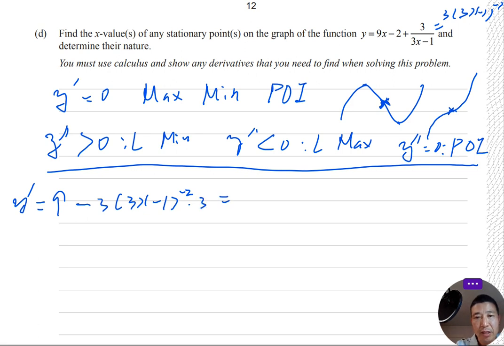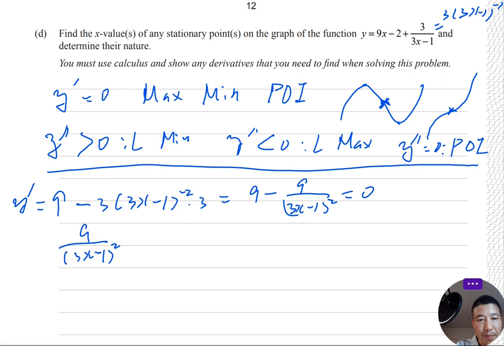So if I rewrite this, it is 9 minus 9 over 3x minus 1 squared, and we have to set this to 0 to find any stationary points. So 9 over 3x minus 1 squared equals 9.